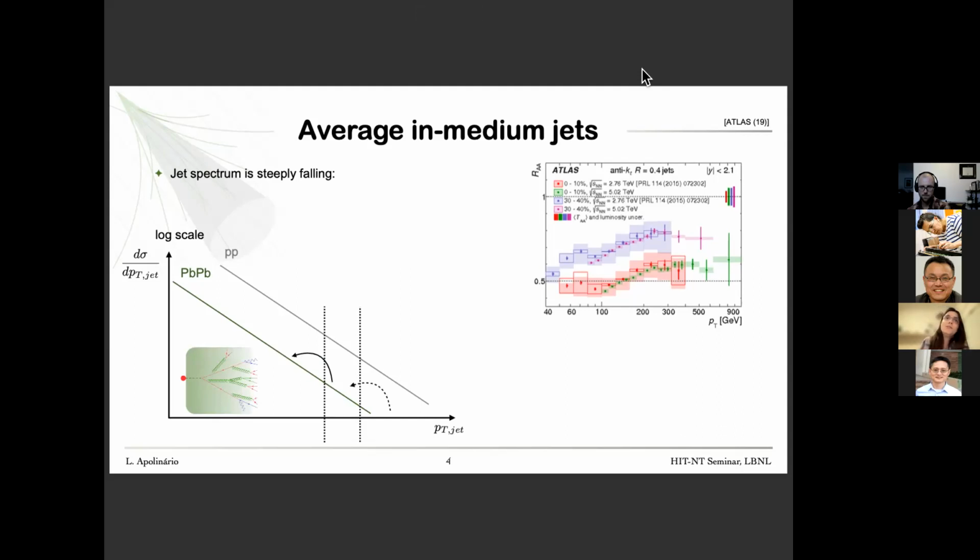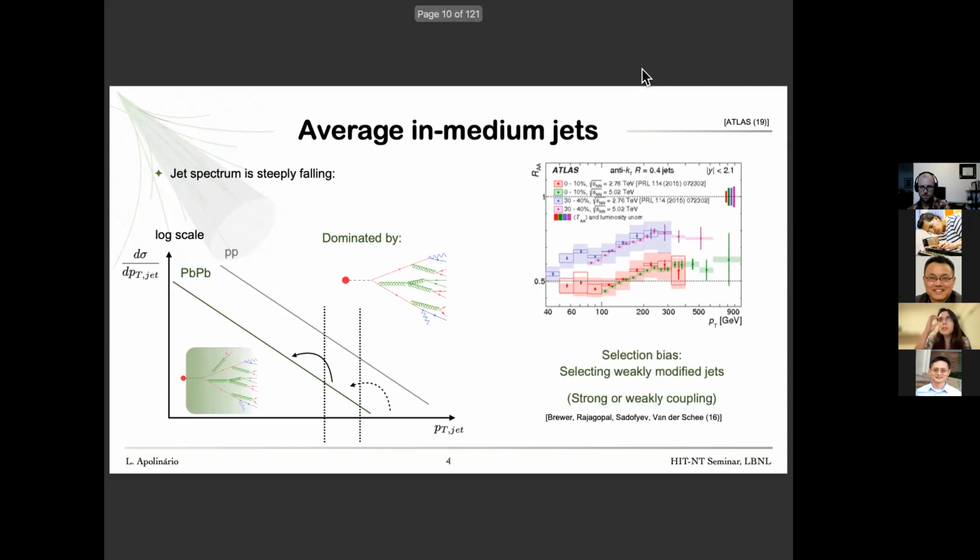It's true that we have some feeding effects, but since the spectrum is so steeply falling, in the end we are always dominated by jets that are typically narrow and that typically underwent less jet quenching. This is the known selection bias, in which every time that we want to look at jets in a given pT, we always end up selecting jets that are weakly modified.